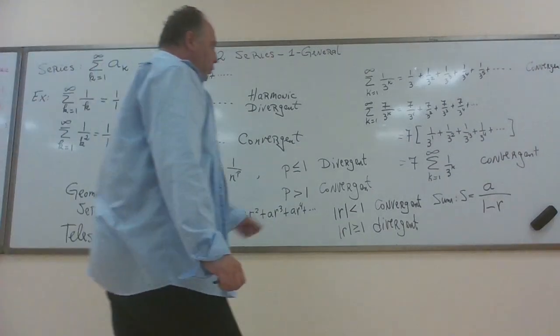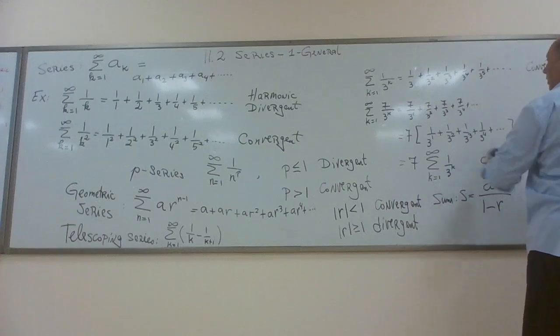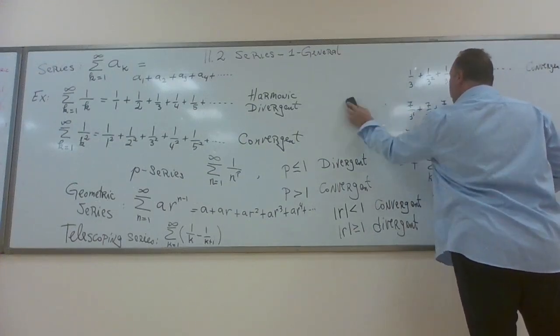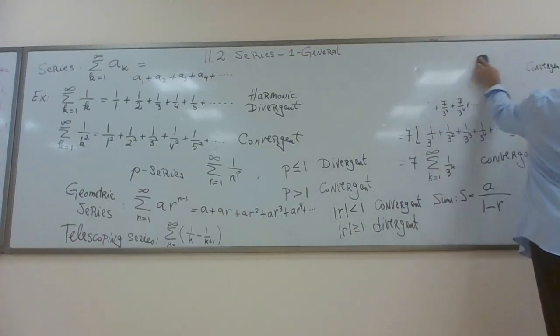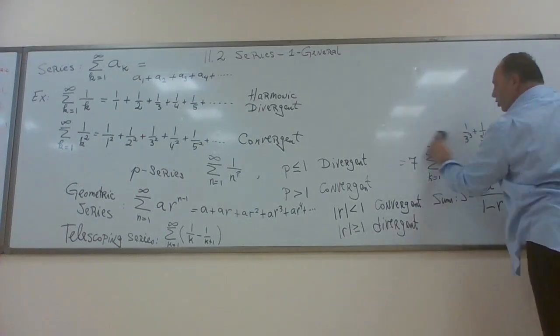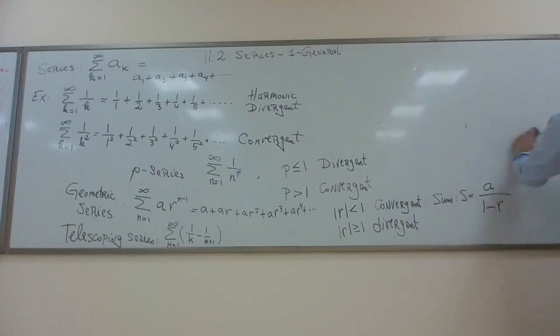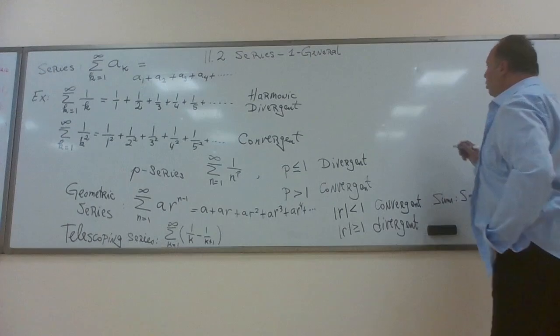One more important result is that to find the sum of the series, to determine if the series is convergent or divergent, we have a special procedure in cases where we are able to compute.